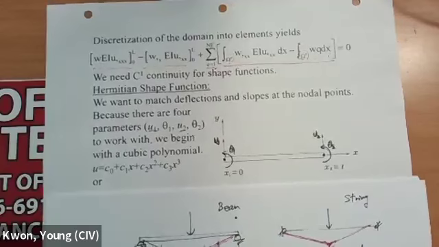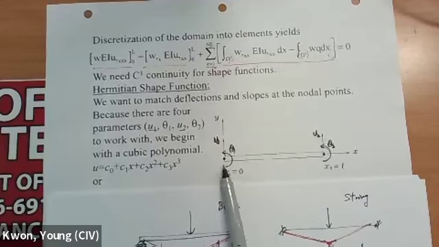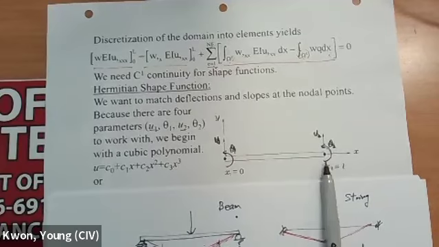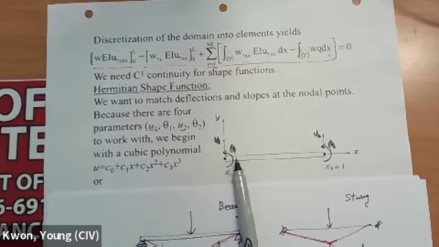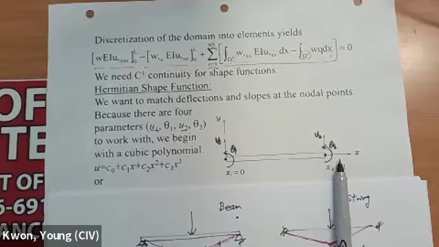So not only deflection, but also slope are taken as nodal variables. Here, if I have two nodes, again the minimum number of nodes in a beam element, each node has 2 degrees of freedom, deflection and slope. So total 4 degrees of freedom.